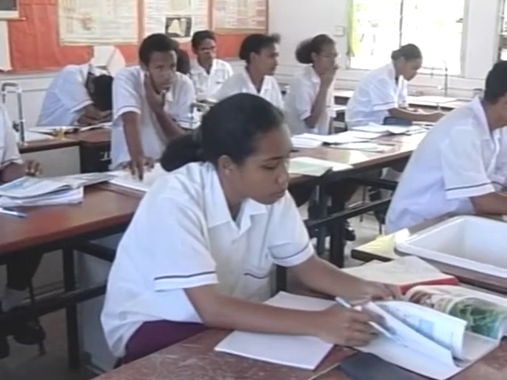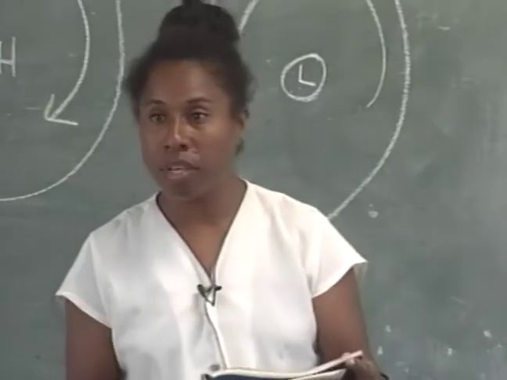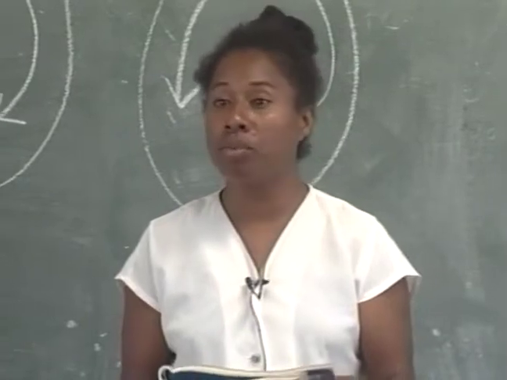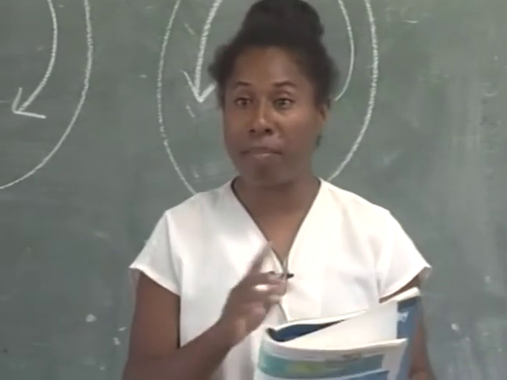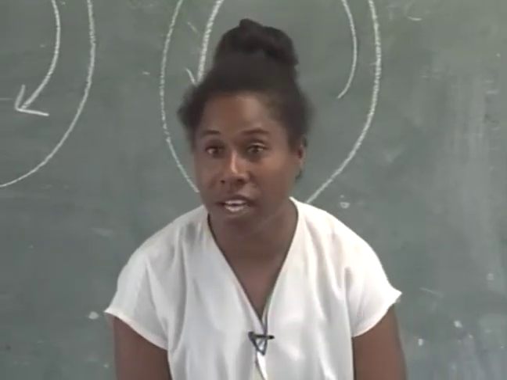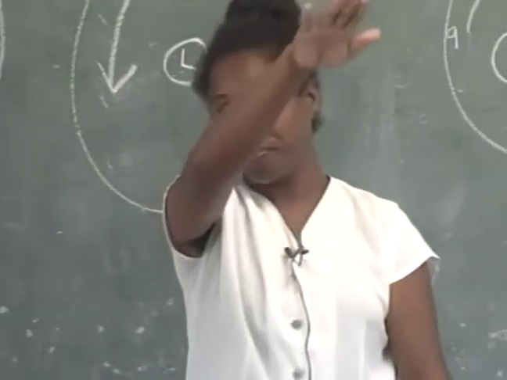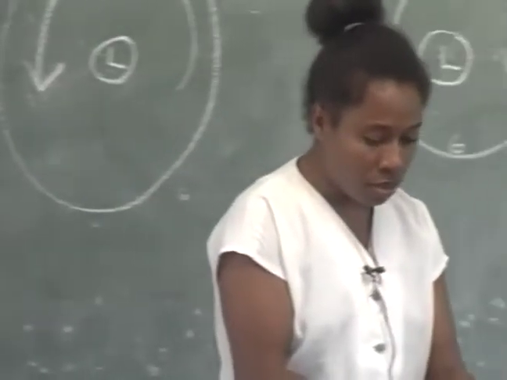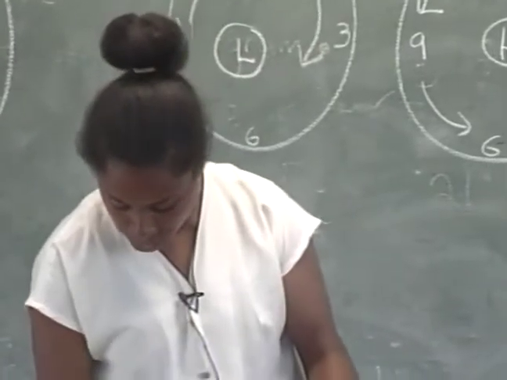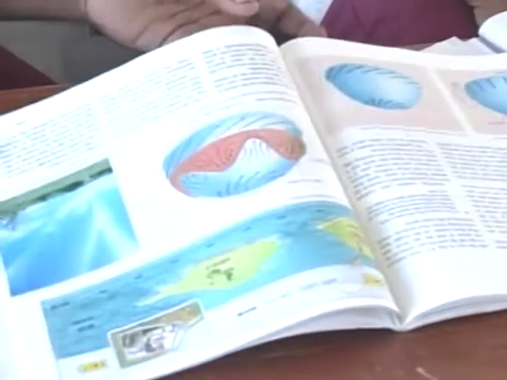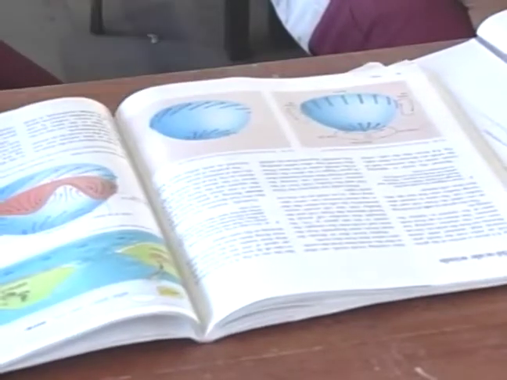Okay, we're looking at world-scaled winds. We are going to read around the class, and we are going to get at least a student to read paragraph by paragraph so that we can complete that information before the activities. We'll start from the back, and we go around for our readings. Okay, Susan, you're going to start us off with the readings on page 86 and 87 of our booklet on the world-scaled winds.